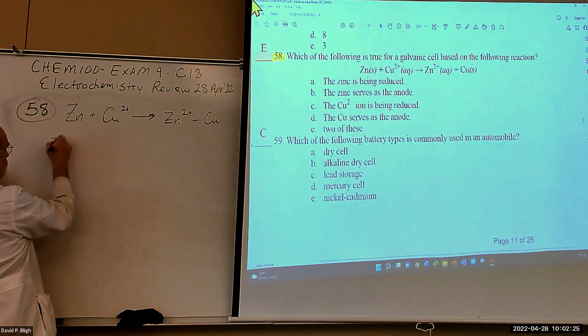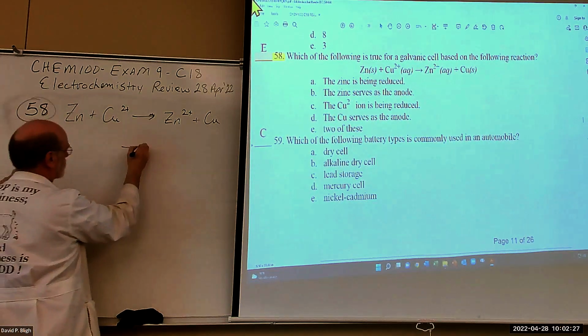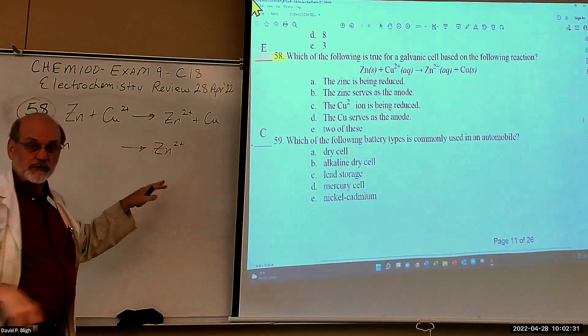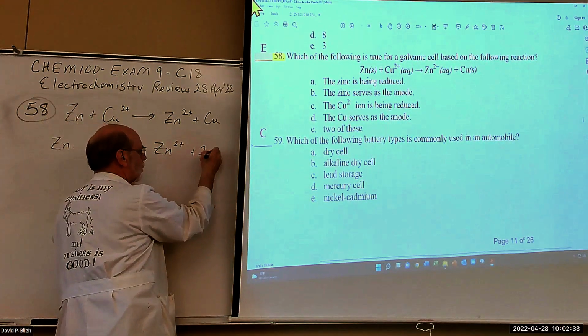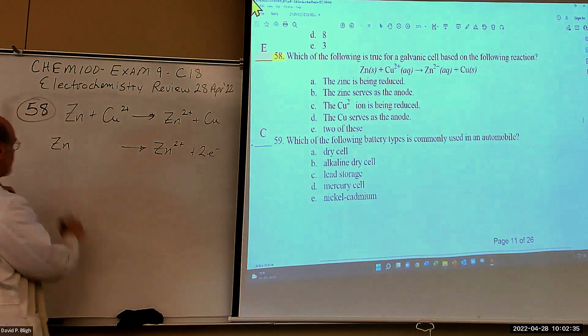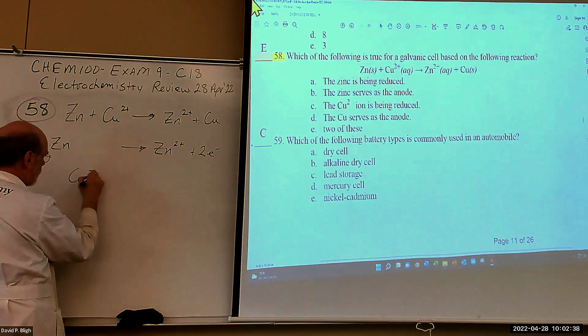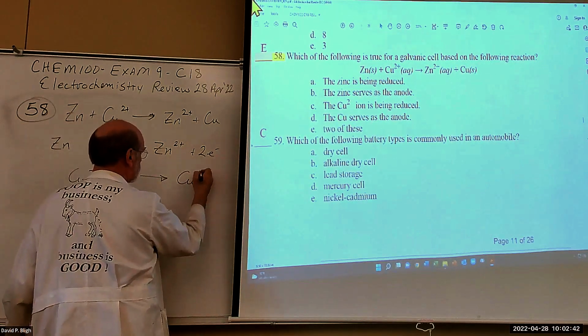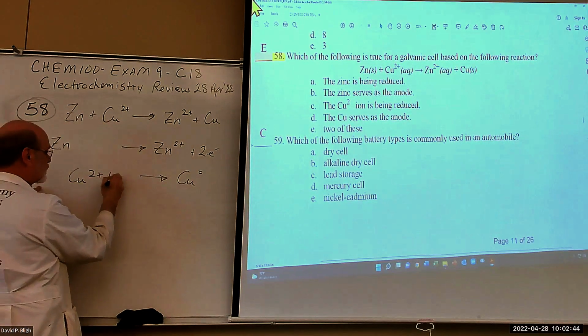Well, zinc yields this one. It had to lose 2 electrons. Okay, and the copper yields this one. It had to gain 2 electrons.